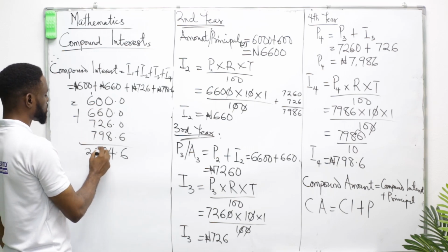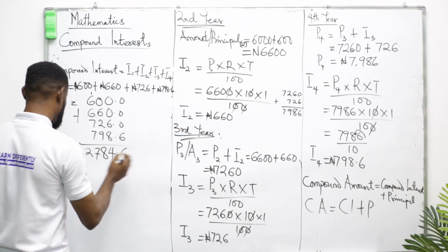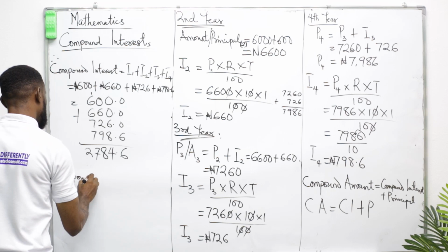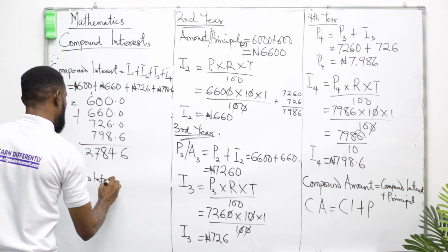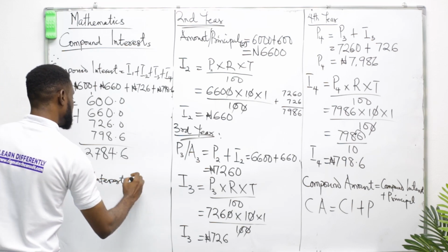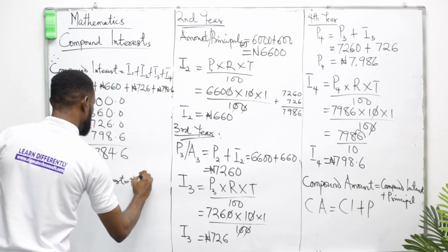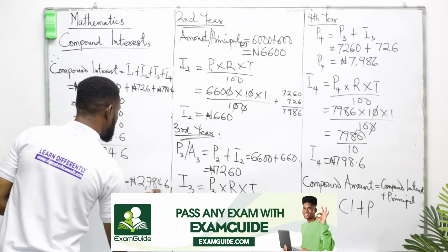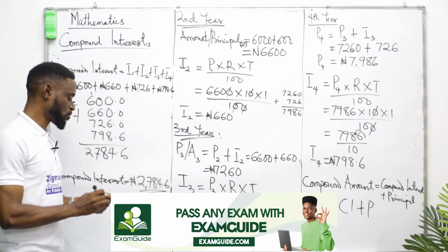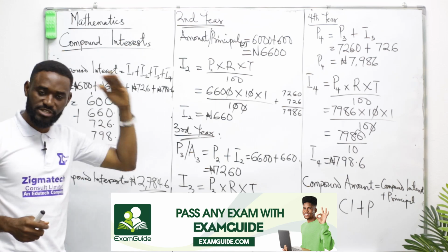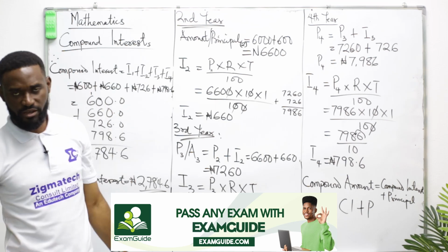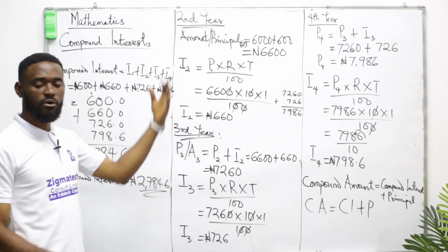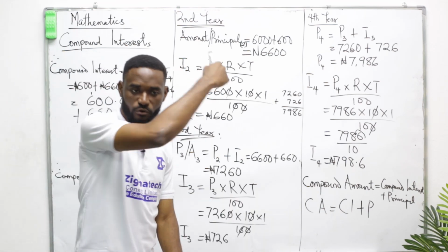So the compound interest at the end of 4 years is 2,784.6 naira. This is our compound interest for the 4 years.